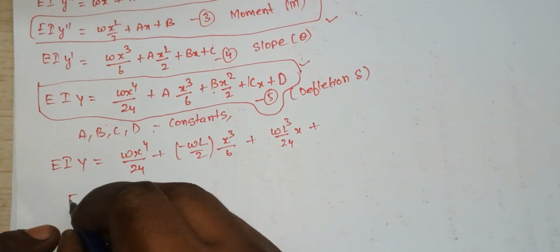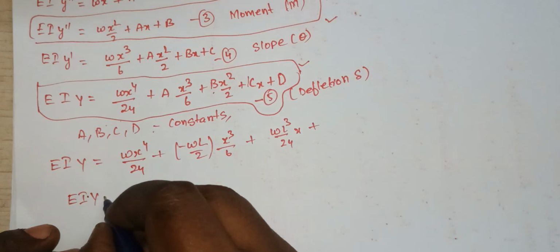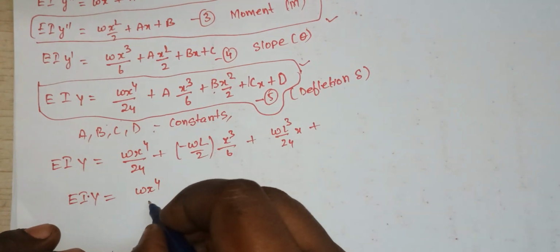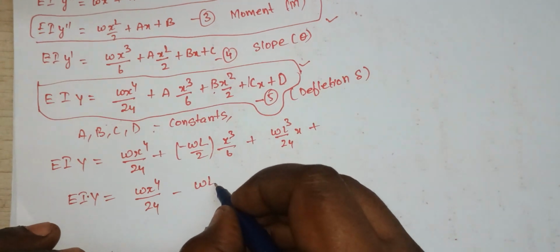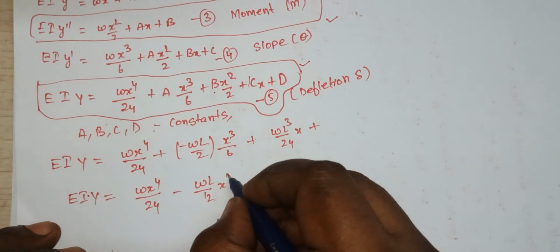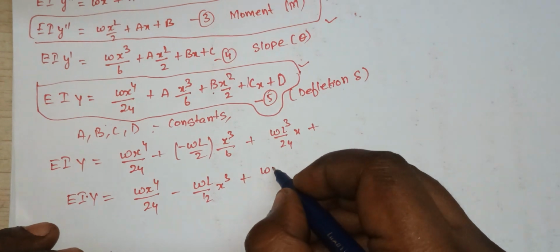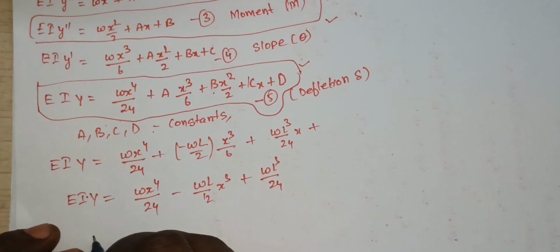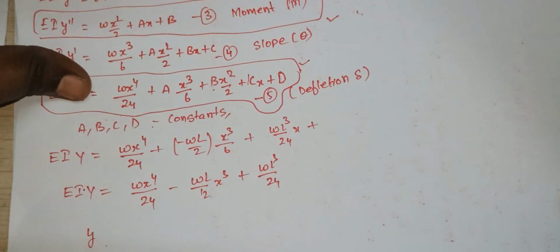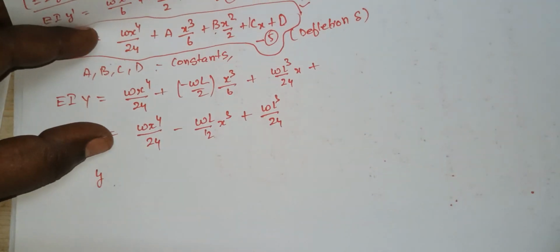So our final equation EIY is Wx power 4 by 24 minus WL by 12 into x cube plus WL cube by 24 x, and finally we have reached it. We have done it.